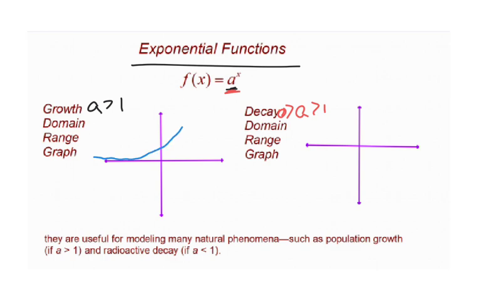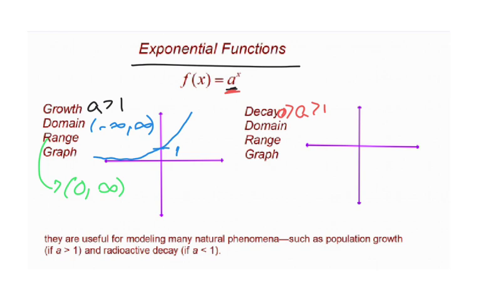So the growth looks like this. It's going to go through 1 right here. Then your domain is negative infinity to positive infinity. Your range is going to be, looking at that, what do you think? Well, it looks like it goes down to 0 and never touches it and then goes up to positive infinity. And that would be right.